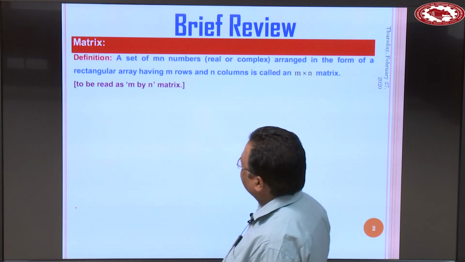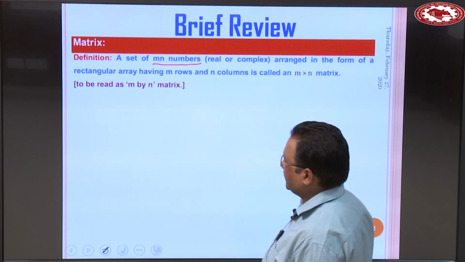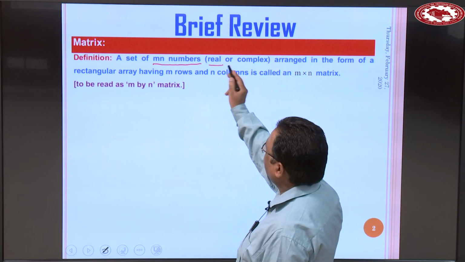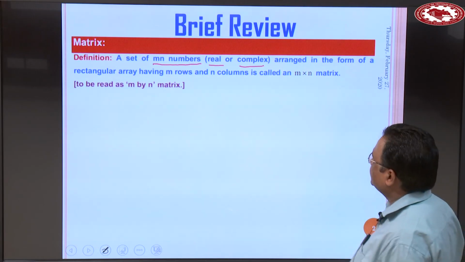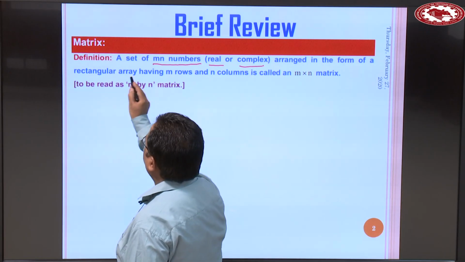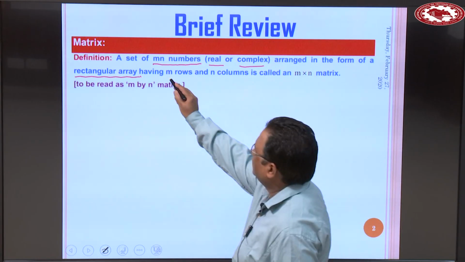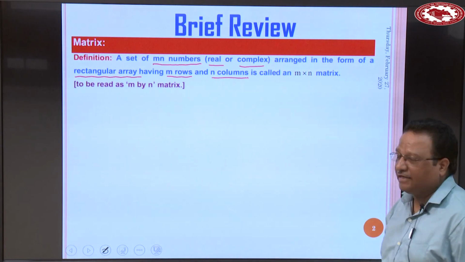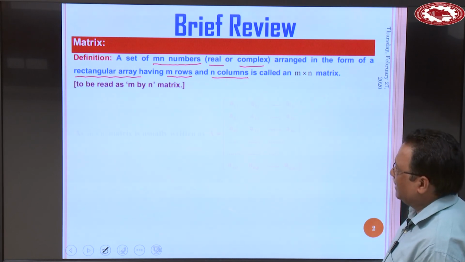The definition of matrix is a set of mn numbers, and these mn numbers may be real or complex. A set of mn numbers arranged in the form of a rectangular array having m rows and n columns is called an m by n matrix, to be read as m by n matrix.